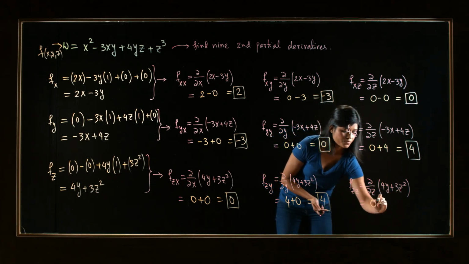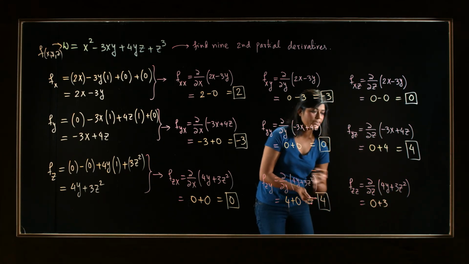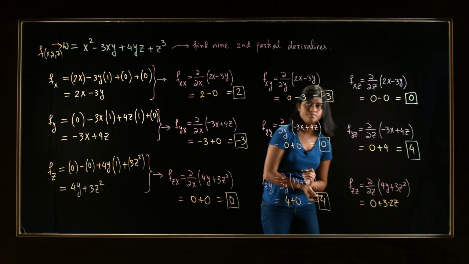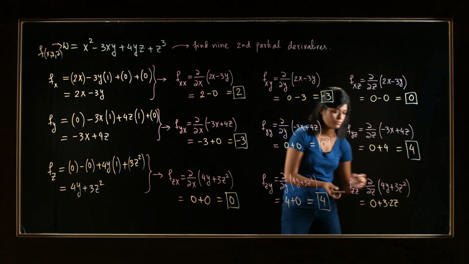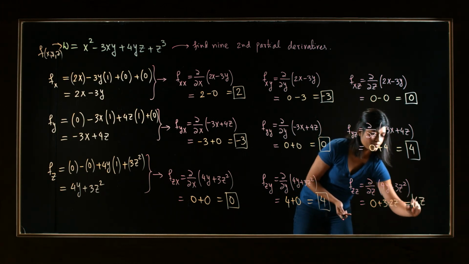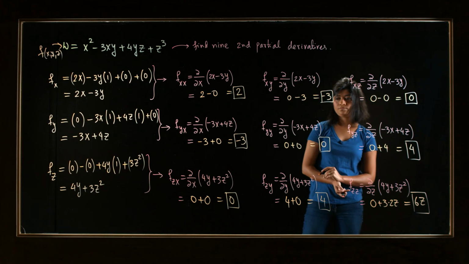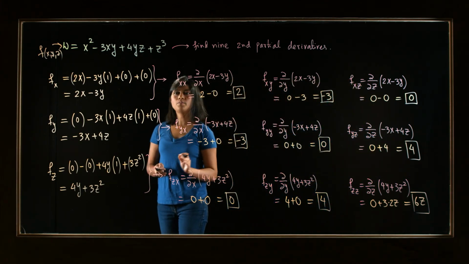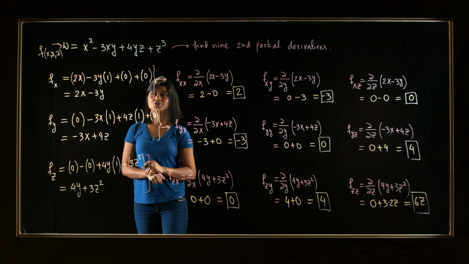Second term, we have 3 and the derivative of z square is 2z. So this derivative is 6z. And so we have all 9 second partial derivatives for this function.